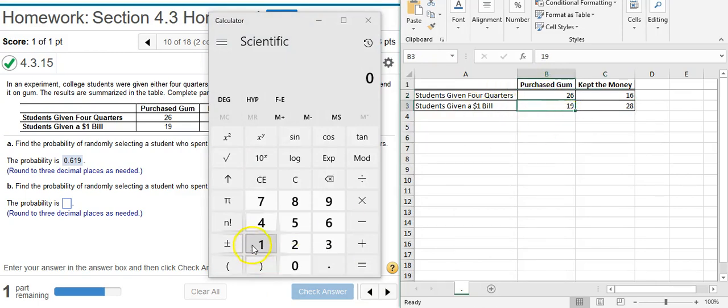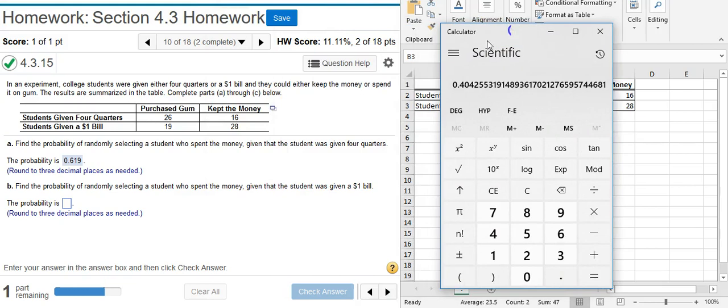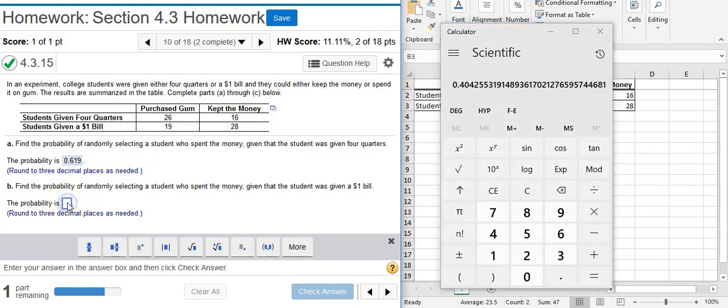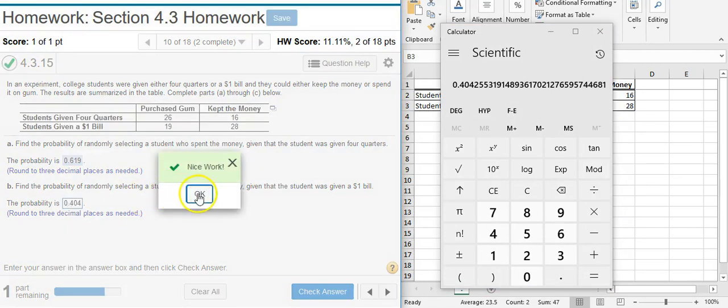That's going to be the 19. So 19 divided by, and then how many were given the $1 bill? 47. There's my probability. Again, I'm asked to round to 3 decimal places. Nice work!